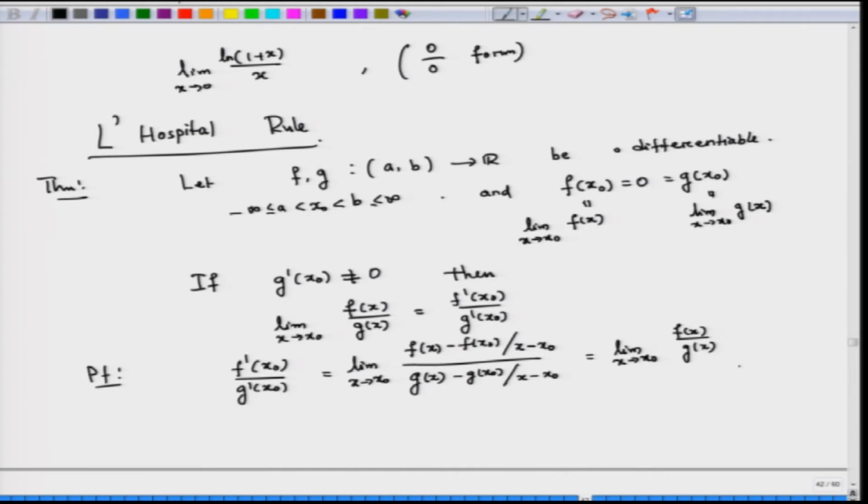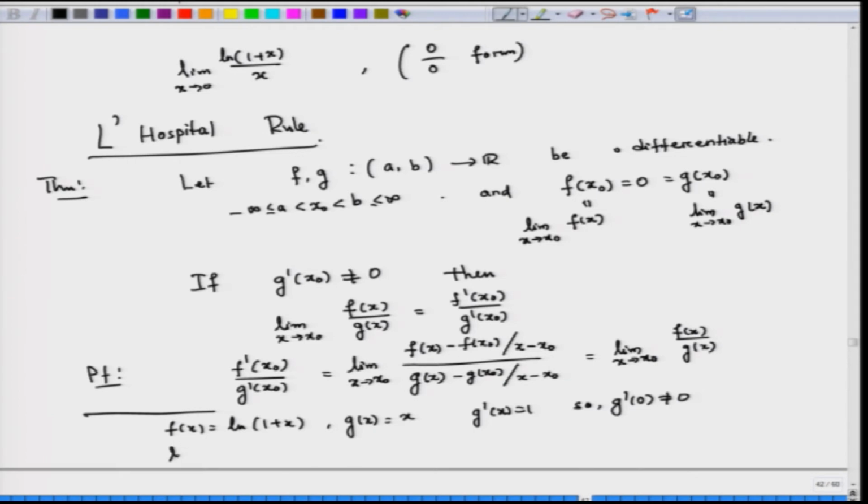Now, if we apply this theorem for this function here, f of x is equal to ln(1 plus x), and g of x is equal to x, then g prime at x equal to 1. So, g prime at 0 is not equal to 0 and f and g both are differentiable functions.